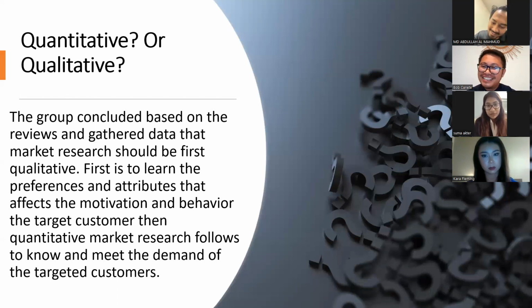Of course, quality of education is more important, and I think we should not depend on only one method, only qualitative or only quantitative. I think we should use both methods to find out the exact product or exact service. For example, for a school, at first we can do the qualitative research, and then we should also do the quantitative research, because in most case studies we find that depending on only one method, you can't find the exact result.